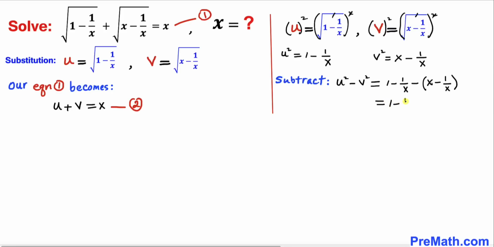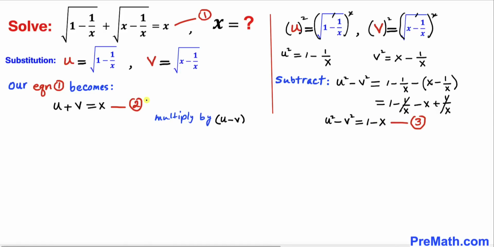When we distribute this negative sign, that gives us negative x plus 1 divided by x. And now we can see that they are gone. So we ended up with u square minus v square equals simply 1 minus x. Let me call this our equation number 3.